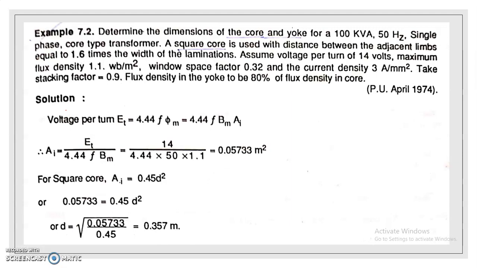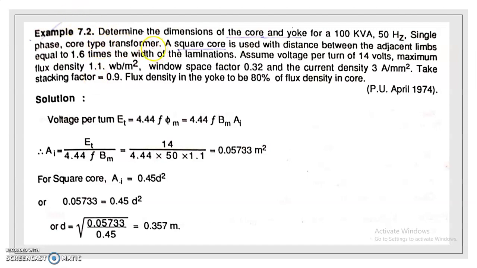Let's see a simple problem. Just read the problem carefully, so you will get the solution easily. Determine the dimension of the core and yoke for a 100 kVA transformer, 50 Hz, meaning the kVA rating is given, frequency is given. Now most important, a single phase core type transformer, we have to determine the dimension of a single phase core type transformer.